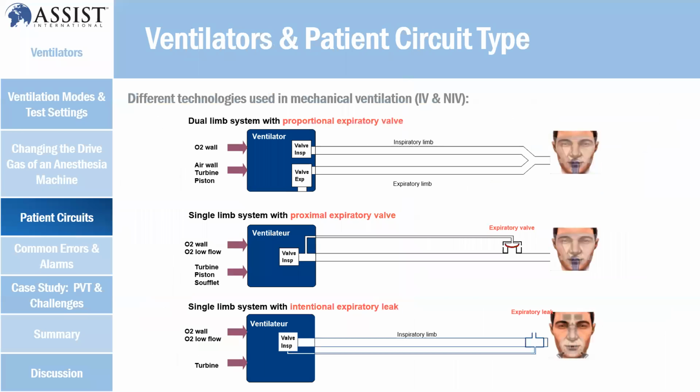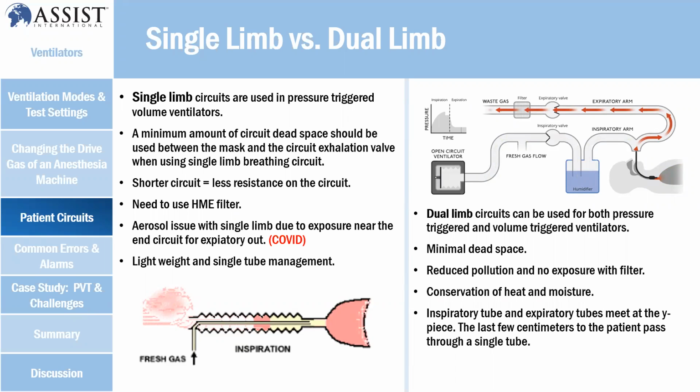So this is how single limb and dual limb look. When you talk about dual limb, you've got an inspiratory line and an expiratory line, then a single limb system circuit.